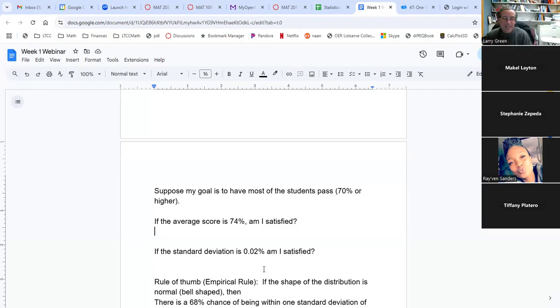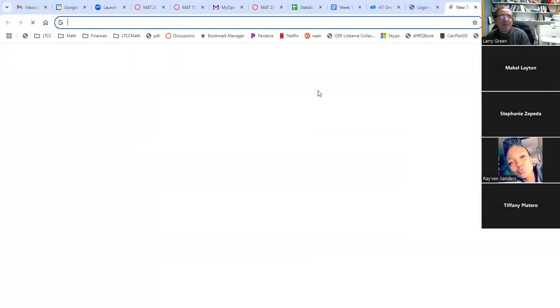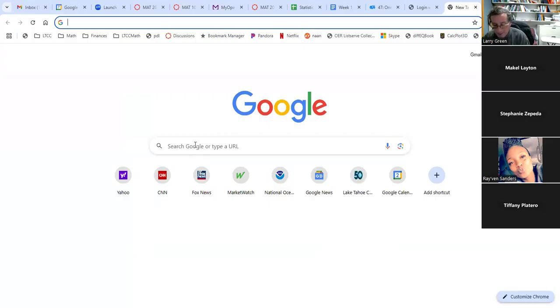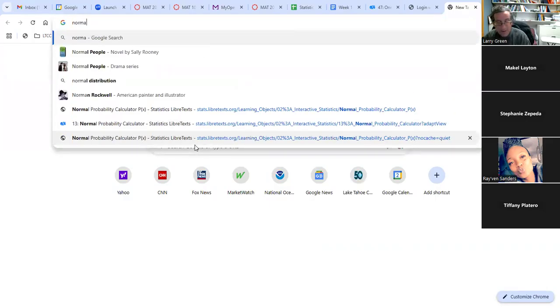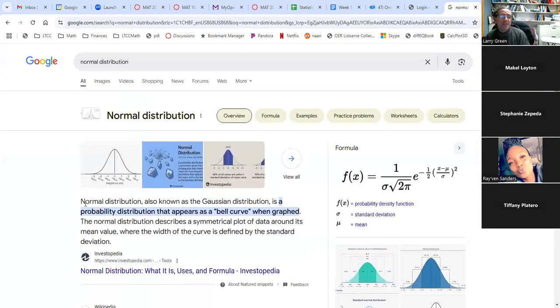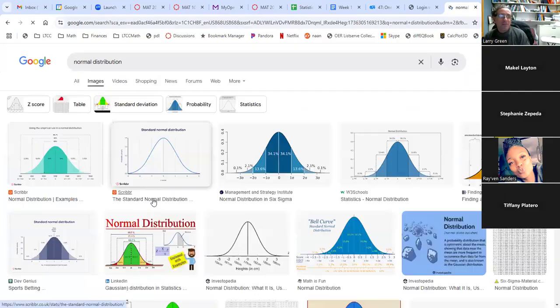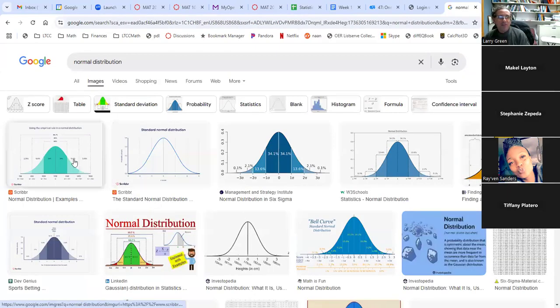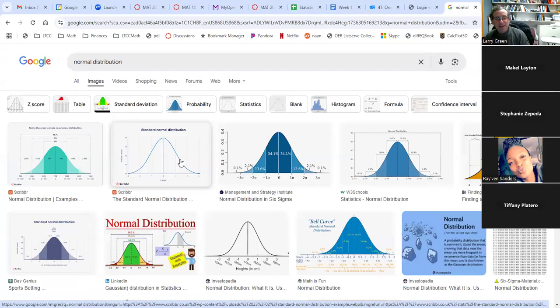In fact, I can just put into Google normal distribution. We're going to use the word normal, not bell-shaped. And let's go to images. And there's the normal distribution shape. You see that? And that's the shape of a normal distribution.